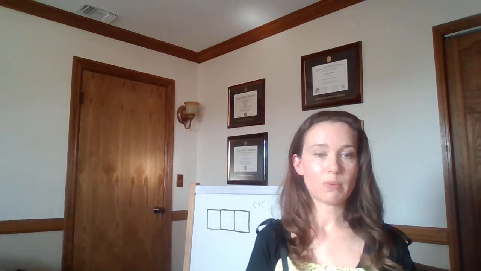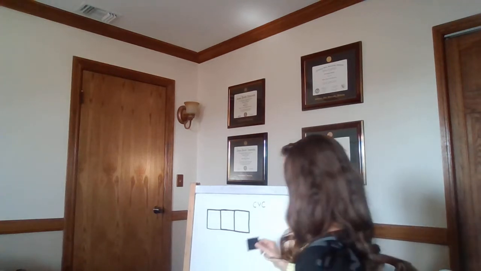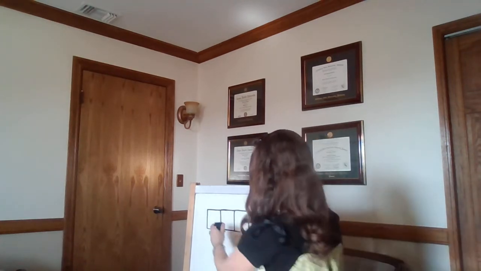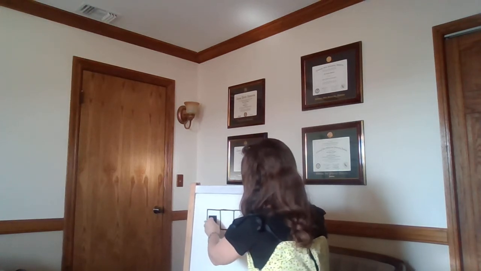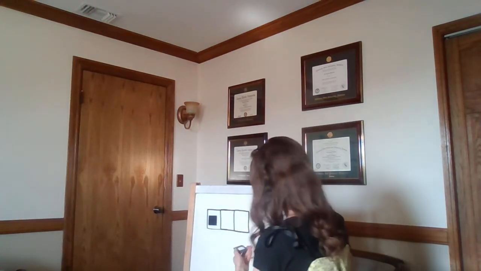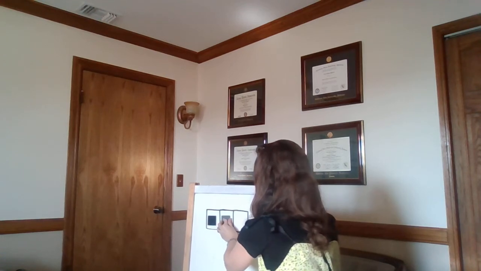So let's go back to the word map. I threw the word out. We listened to it on our arm. Map. Now we can take our manipulatives and we can listen to them. I put it in my first box. I put it in my second box.